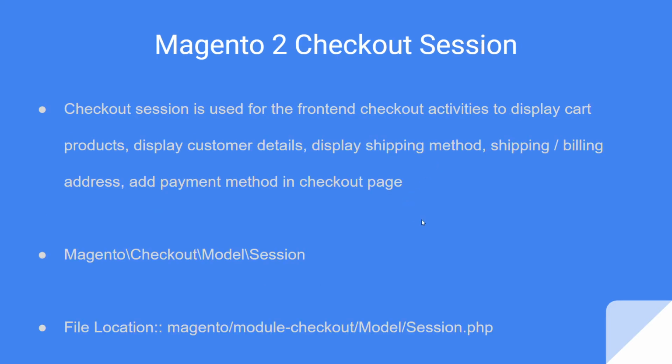Magento 2 checkout session. The checkout session is used for the checkout activities page. We need to add the customer info, first name, last name, email address, shipping and billing address details like the zip code, street, city, and country. In the same way, we need the payment details and the product details, whatever products the customer has added into the cart and transferred to the checkout page.